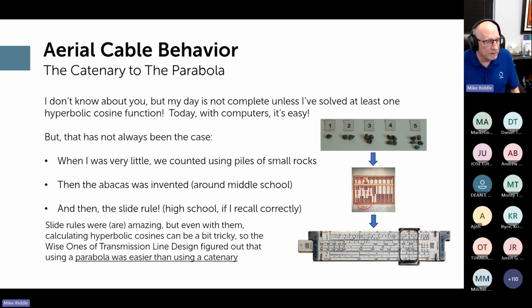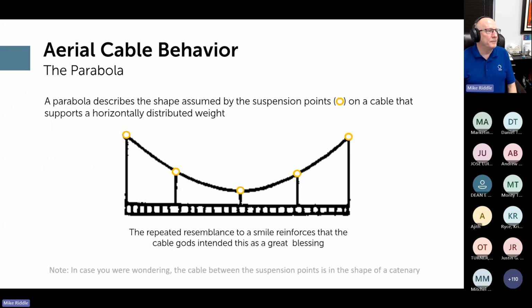But even using a slide rule, it can be a little bit tricky to calculate hyperbolic cosines. So fortunately for us, the old wise ones of transmission line design figured out that using a parabola was easier than using a catenary. And a parabola describes the shape that is assumed by the suspension points on a cable that supports horizontally distributed weight. So here, the weight is distributed horizontally, whatever it is this cable is supporting.